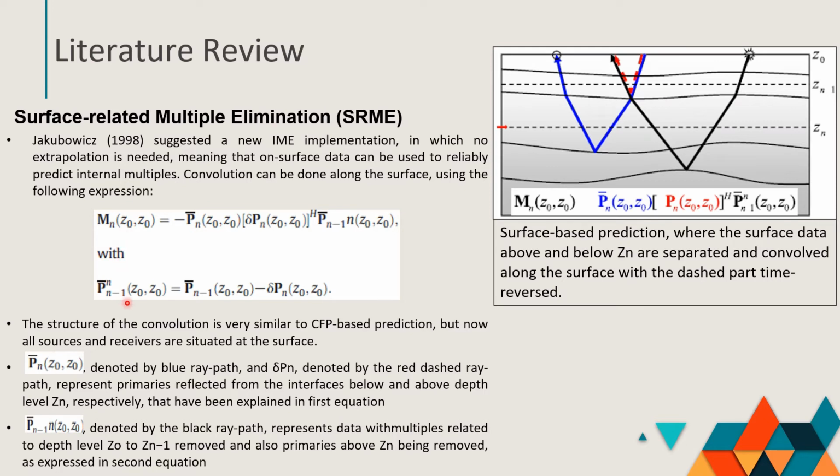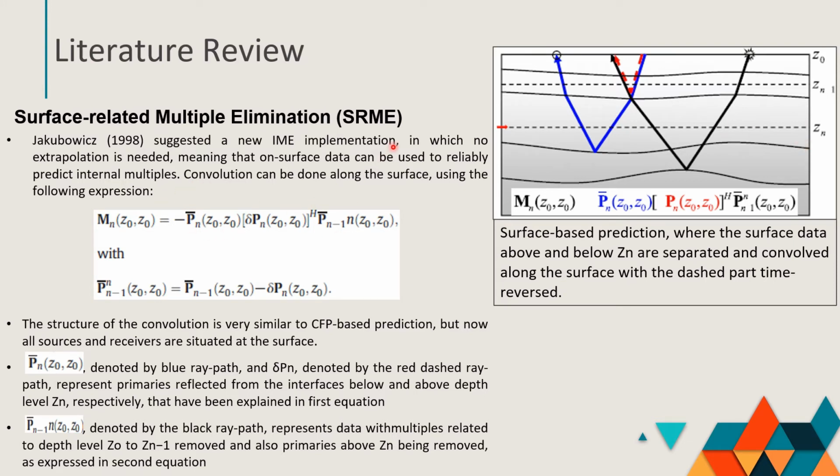The structure of the convolution is very similar to CFP-based prediction, but all the sources and receivers are situated at the surface. The first P, denoted by the blue ray path, and the P denoted by the red dashed ray represent primaries reflected from the interface below and above depth level Zn, respectively, as explained in the first equation.